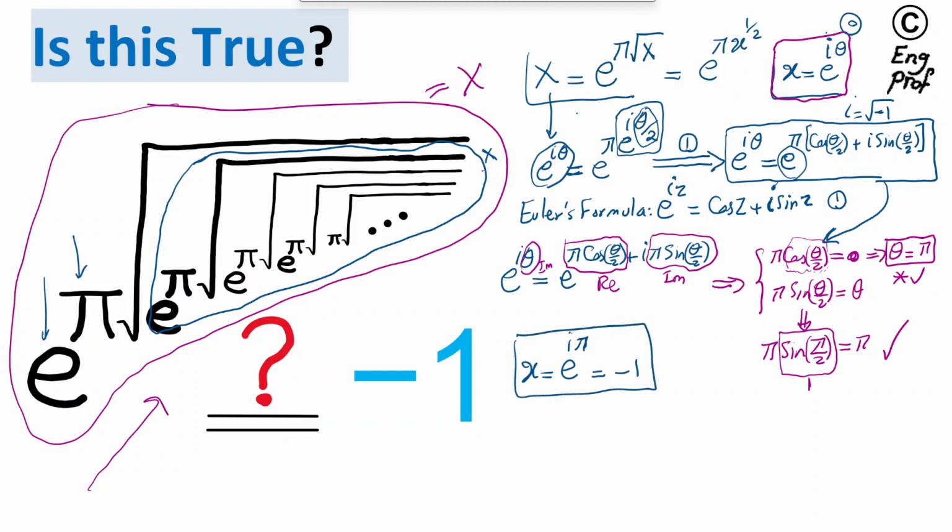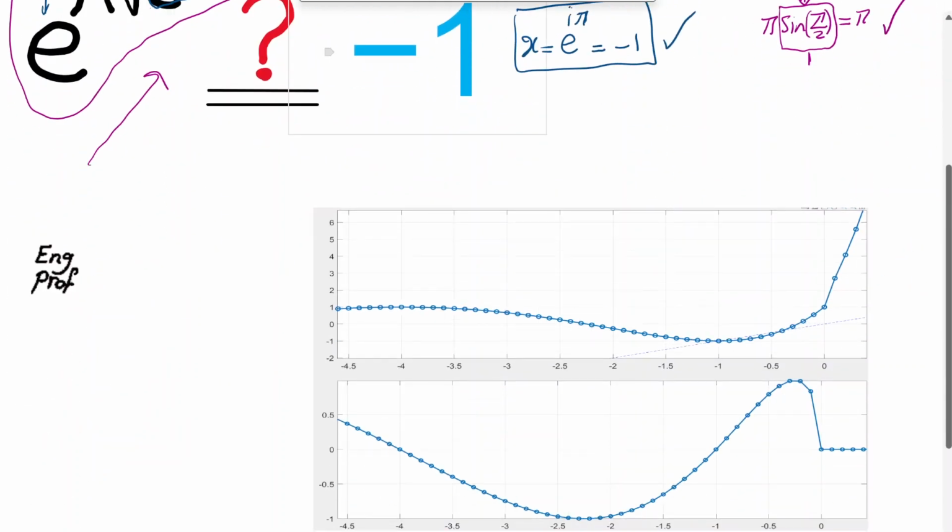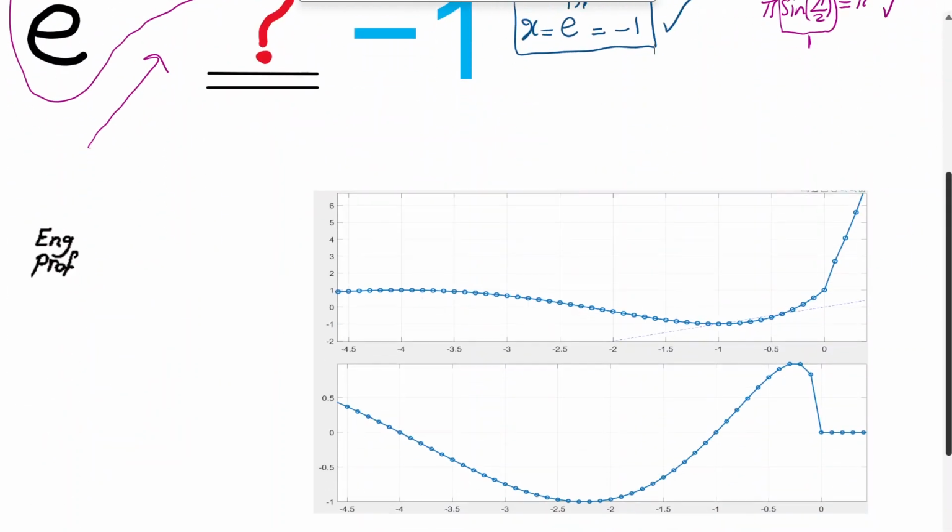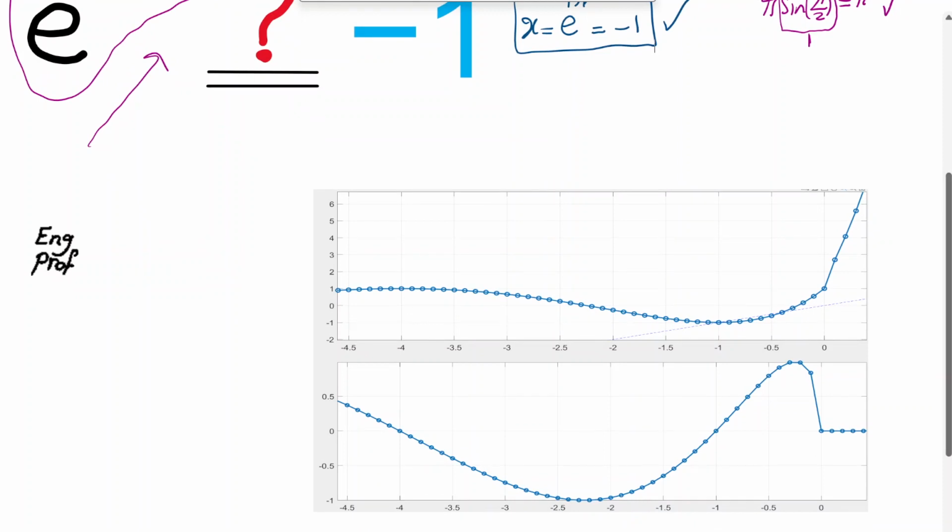So that's one distinct solution for this problem, which is interesting. Now, to visualize what we are seeing here, I have plotted the real part and imaginary part of the outcome. What are these two plots?